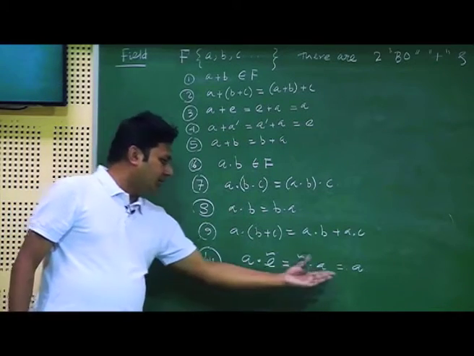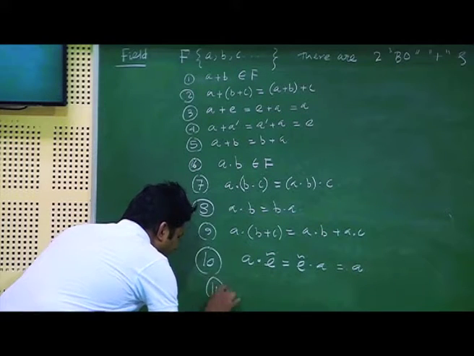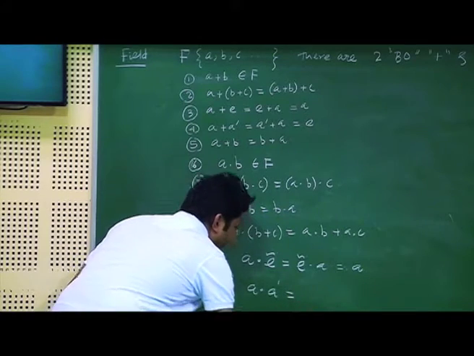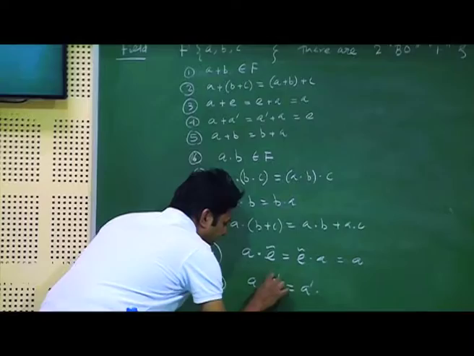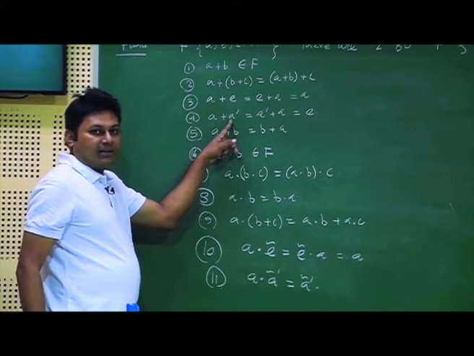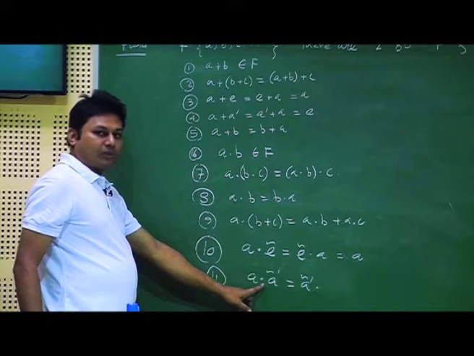So these things give me these things written back, and finally I will have something which is again a prime tilde, because a prime I have already used as an inverse element. So the inverse element here is for the dot operation, you should note that.